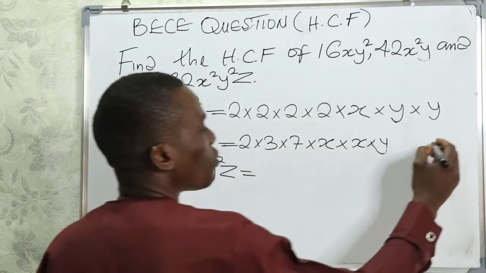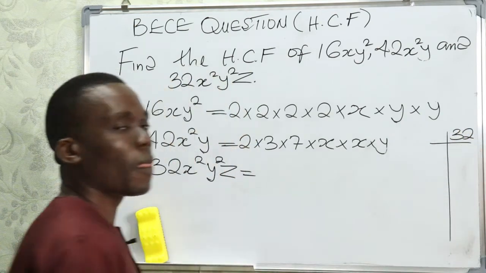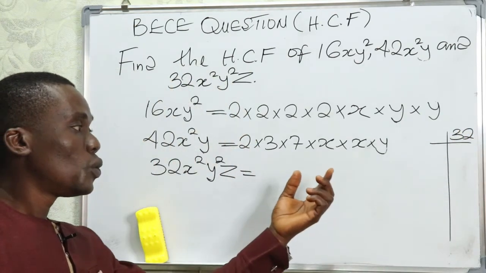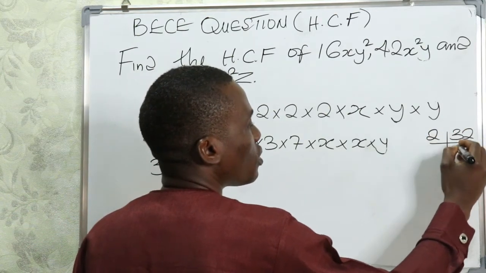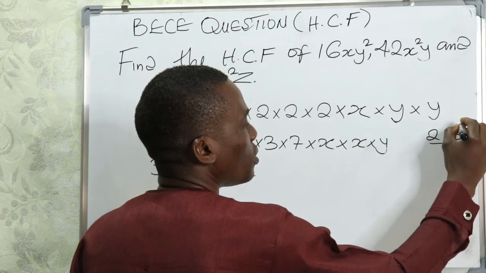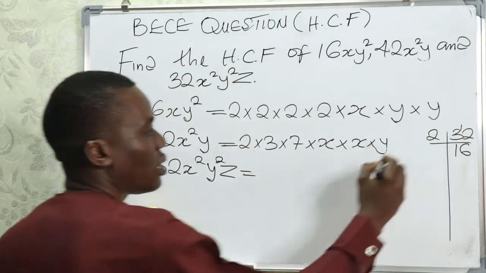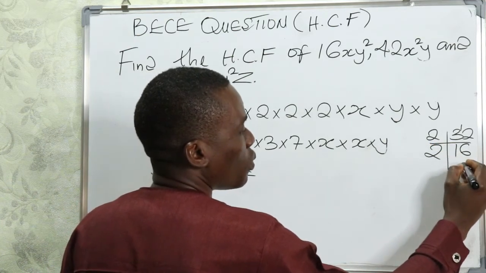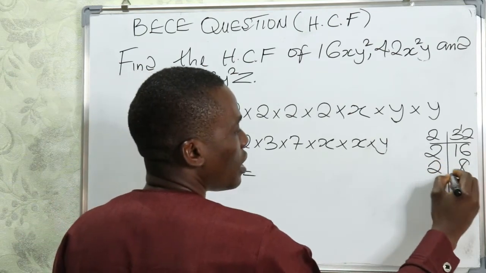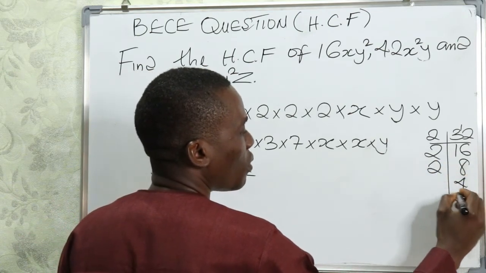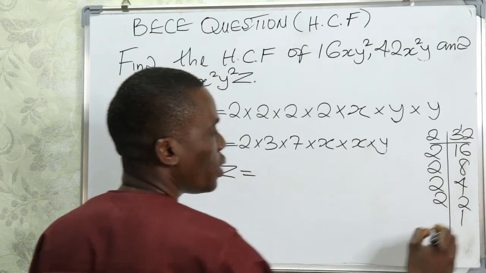Now we are going to look for the factors of 32. 32 divided by 2 will give us 16. 16 divided by 2 will give us 8. Now 8 divided by 2 will give us 4. 4 divided by 2 will give us 2, and 2 divided by 2 will give us 1.